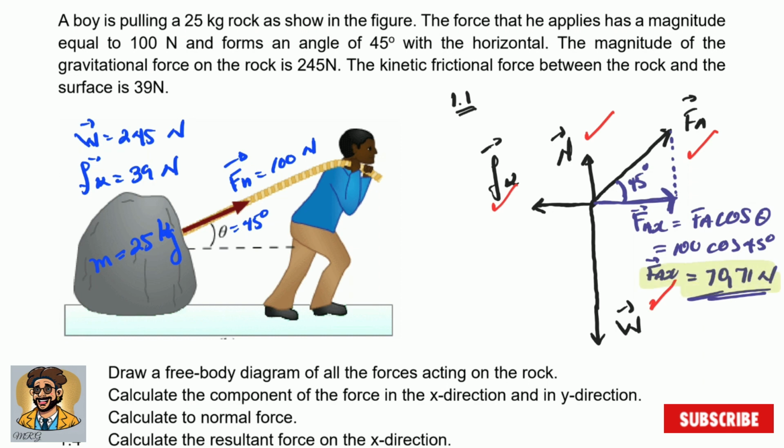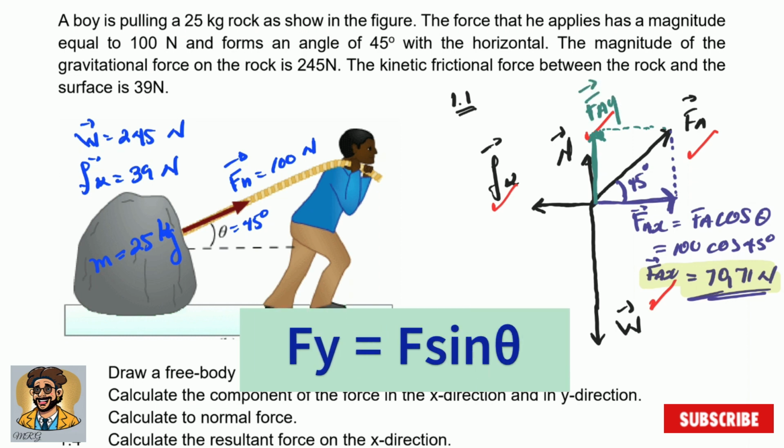Remember, once more, this should not be drawn on the free body diagram. But this force also has a vertical component, and this one will be FA in the y-axis.